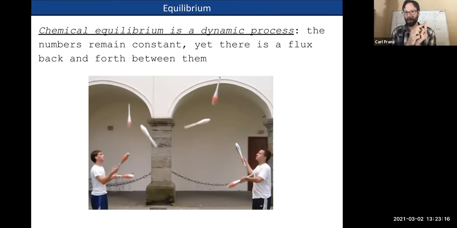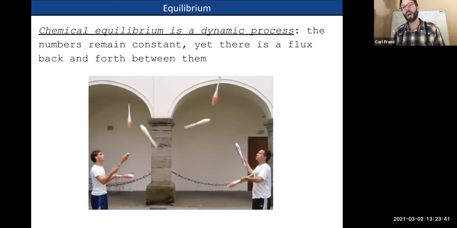Okay, the reactants are continuing to turn into products, and the products are continuing to go back into the reactants. What makes it reach equilibrium is that they're doing it at the same rate.